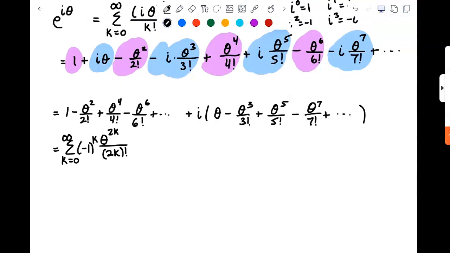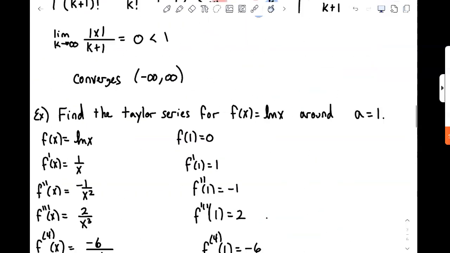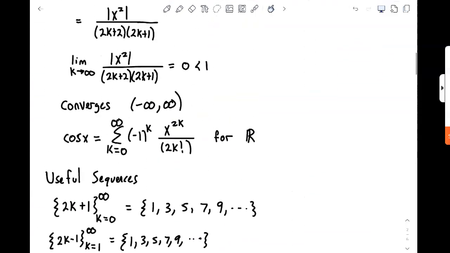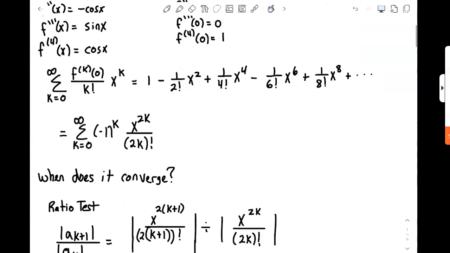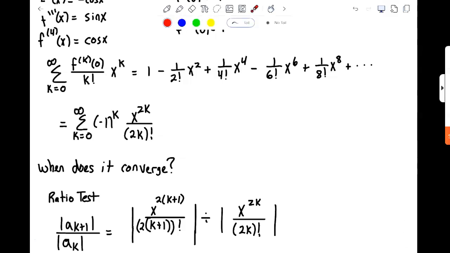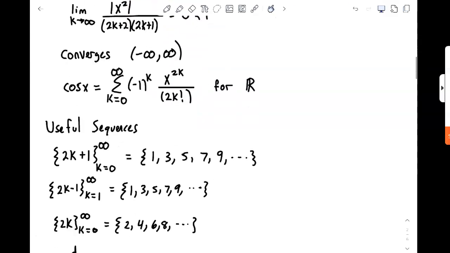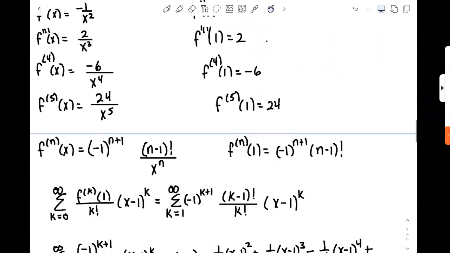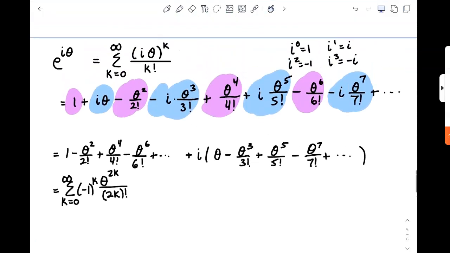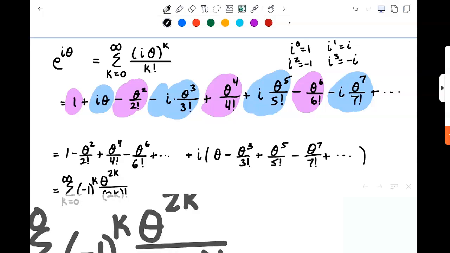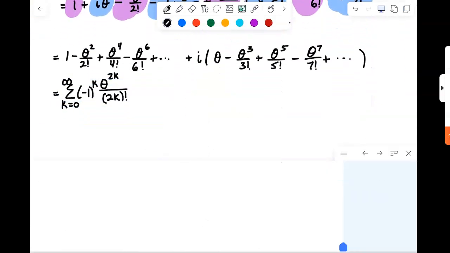That should look pretty familiar to you. If it doesn't, let me help you out here. We developed the Maclaurin series for cosine and found out it was exactly that thing. So what we actually have here is that the terms that don't involve i in the expansion of e to the i theta are just our cosine series.